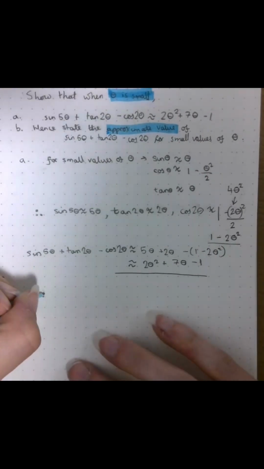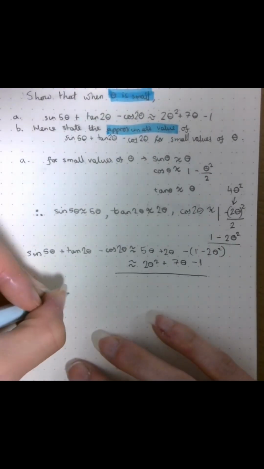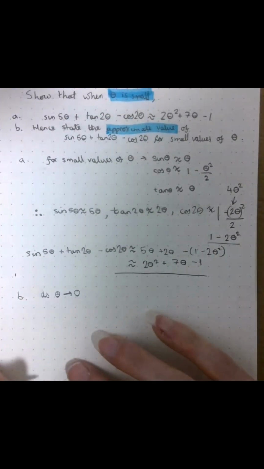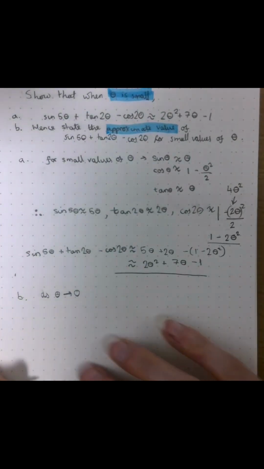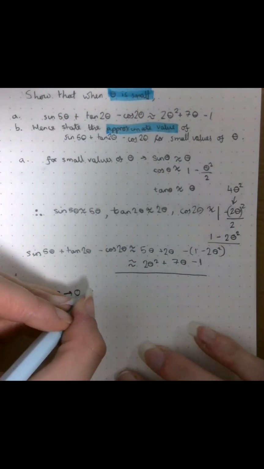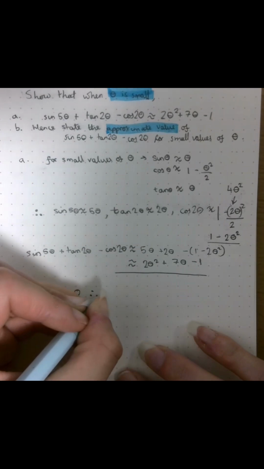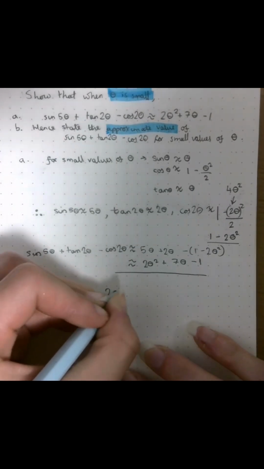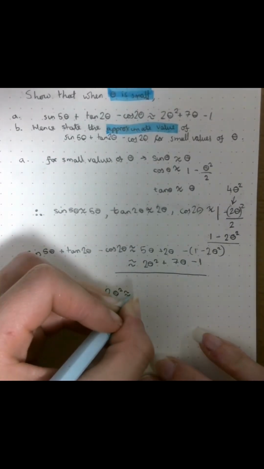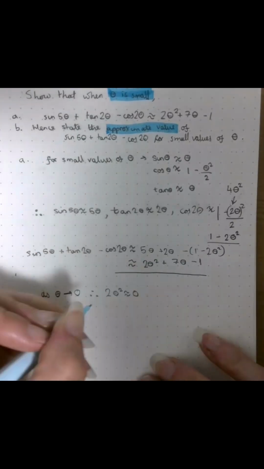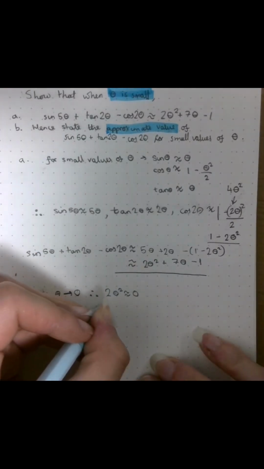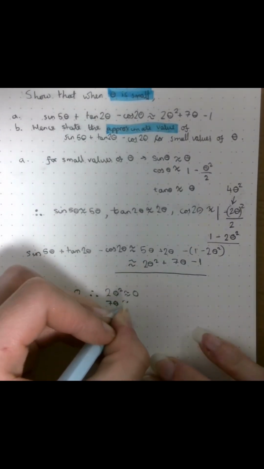I'm going to say, as theta tends to 0, or you can write the words tends to 0, that means that our 2 theta squared is basically going to equal 0. Our 7 theta is roughly going to equal 0.